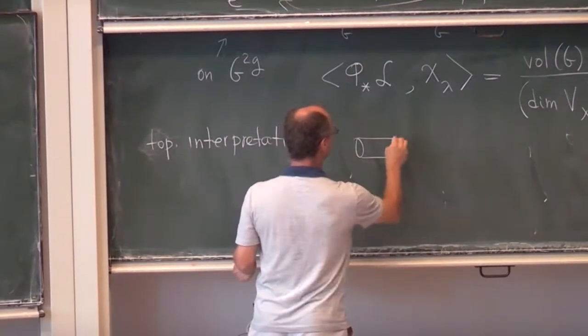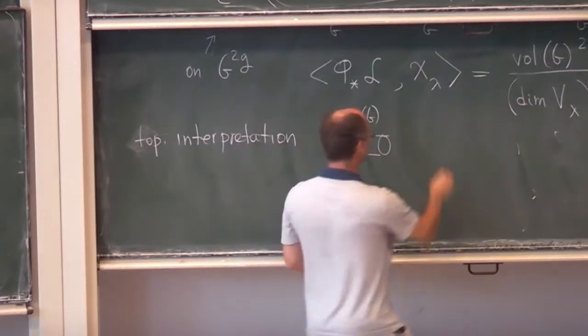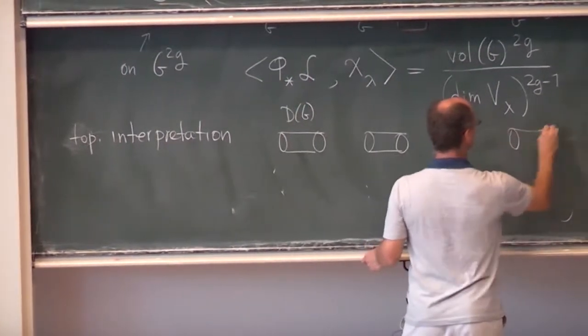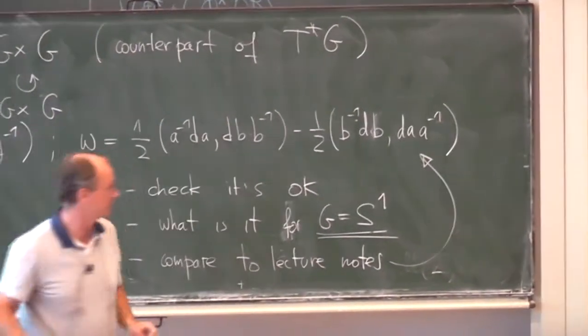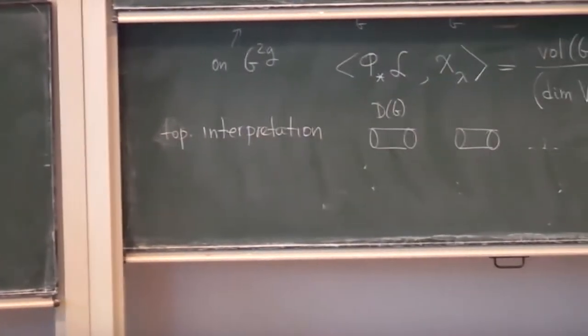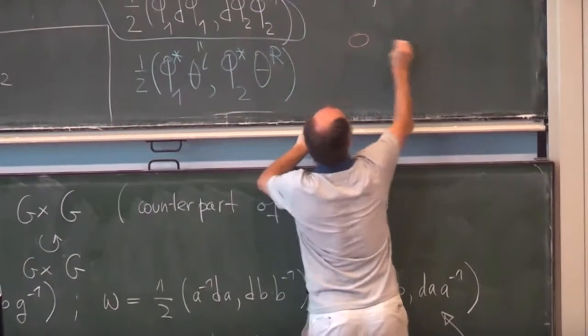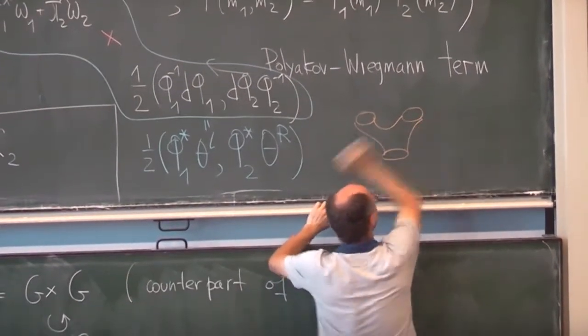So to a double, we associate a cylinder. So we start by taking g cylinders and the corresponding moduli spaces. And then to the product, we associate gluing of the pair of pants.